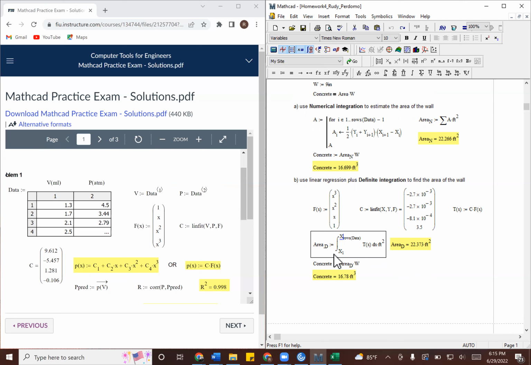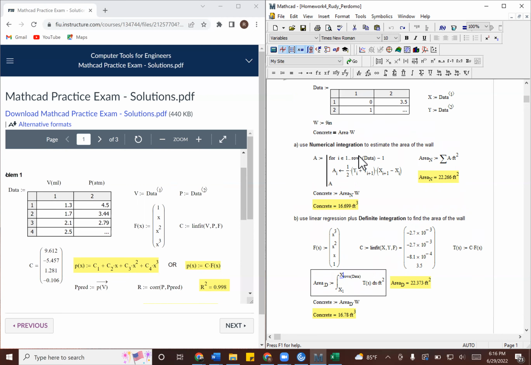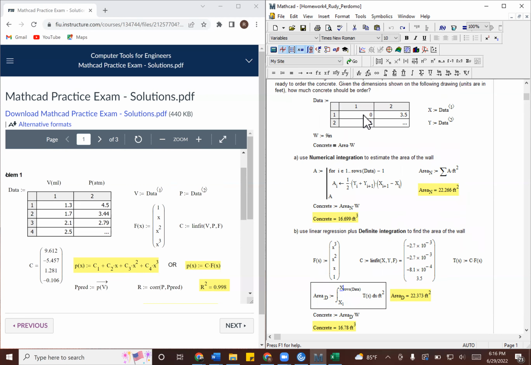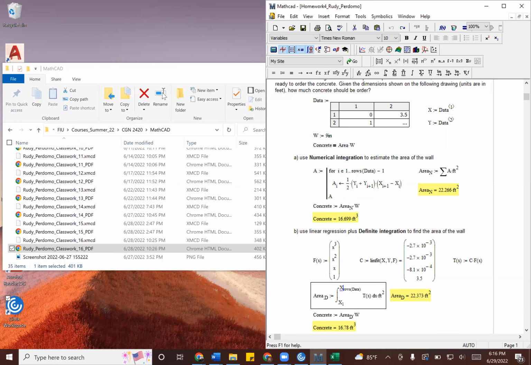So x here is this vector, the first column. x bracket 1 gives us this value here, 0. That's our starting x.